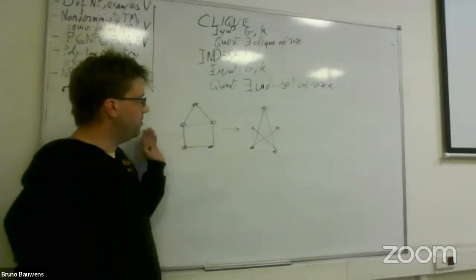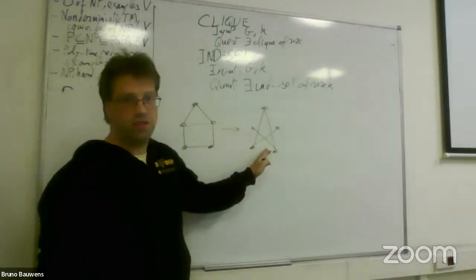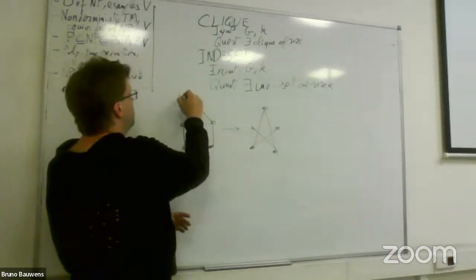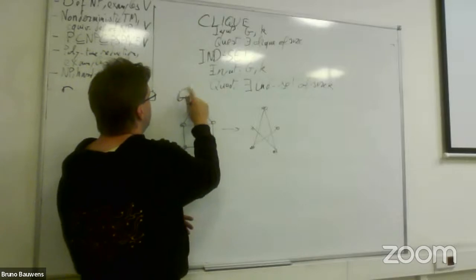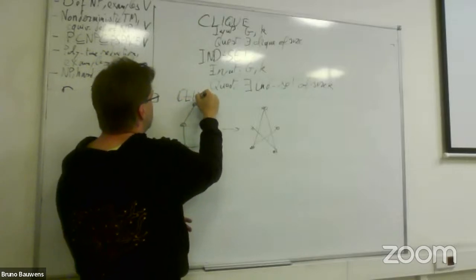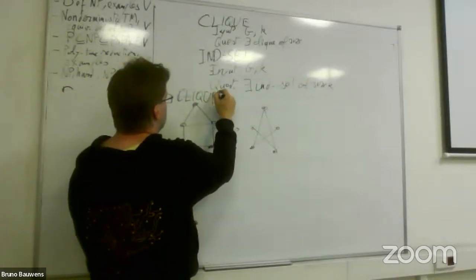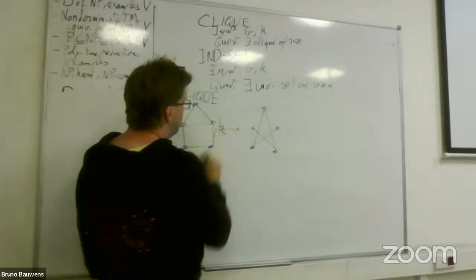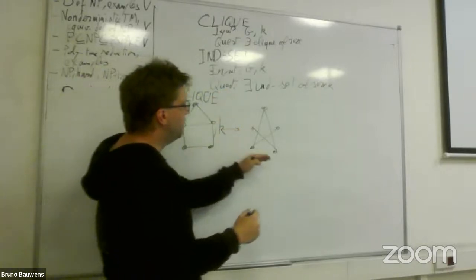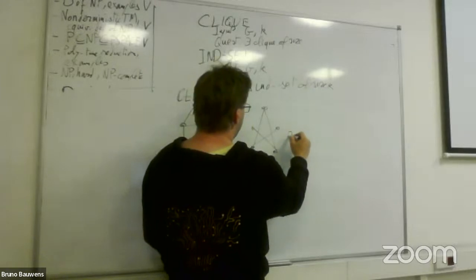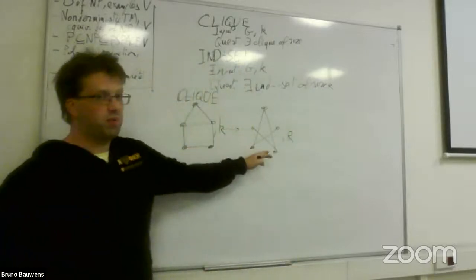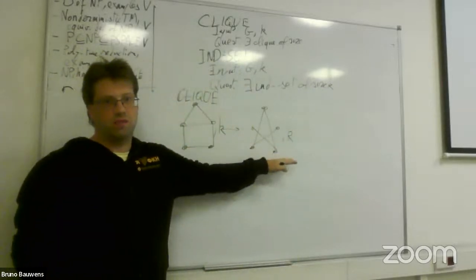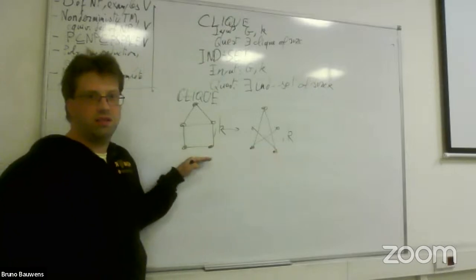So we use the operation of inversion. The clique problem: the input is a graph and a number k. And the reduction is that we invert the graph and we get an equivalent problem. So if we can solve this problem, then we know the answer here.